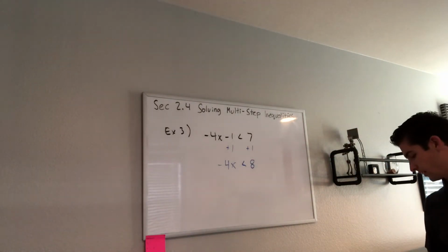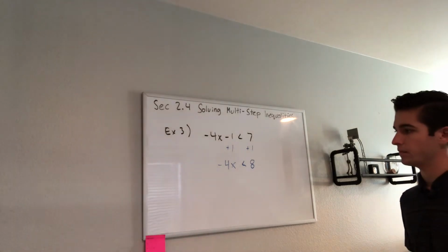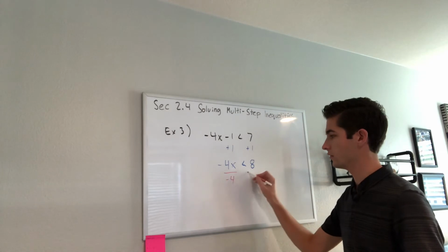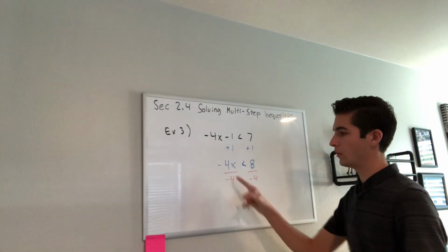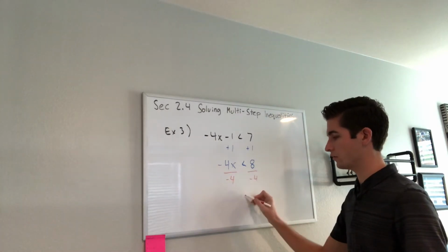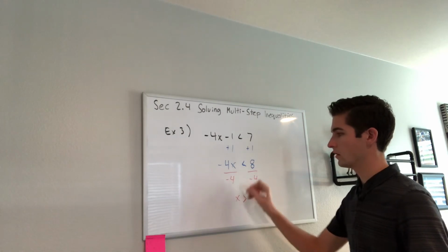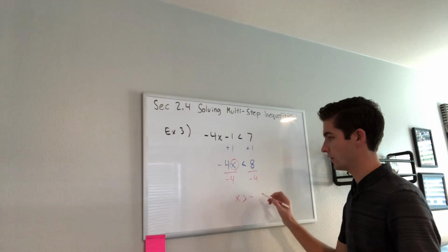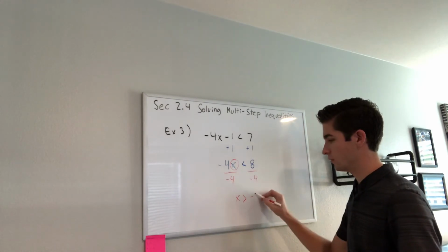And finally, to isolate our x, we want to divide both sides by a negative 4. And when we divide by negative 4, we switch our sign around. Left with our x. And this is going to give us negative 2.